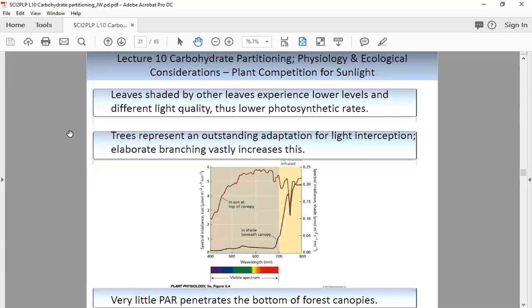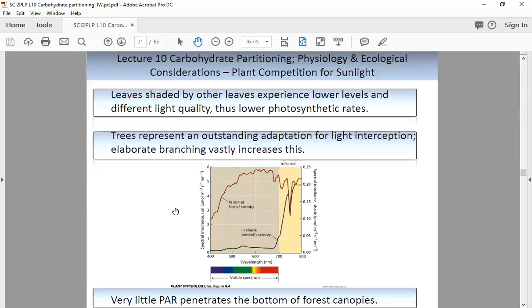So, of course, very little of that PAR, that photosynthetically active radiation, penetrates the bottom of a forest canopy or any canopy, in fact. Almost all of the light is absorbed by leaves at the top of the canopy.